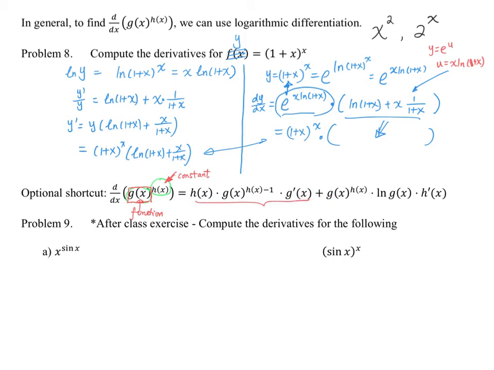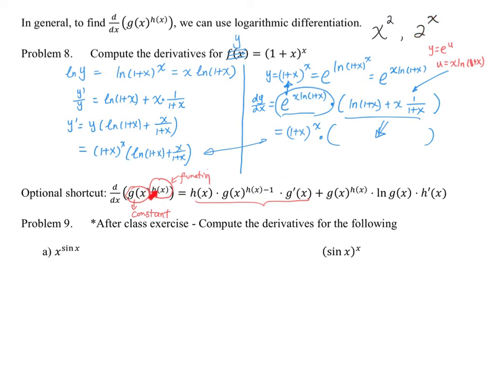And the second part, on the other hand, this time you're going to treat this as a function and this as a constant. Now when you have this scenario, this is constant, this is a function, you are treating this as an exponential.